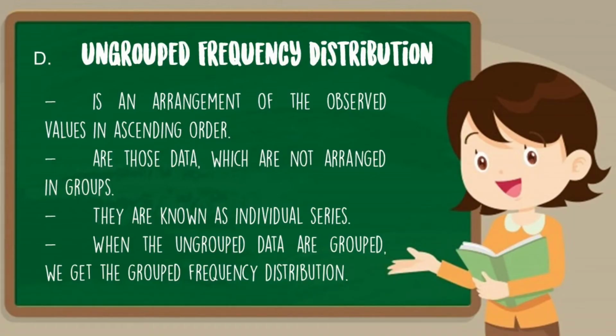While the ungroup frequency distribution is an arrangement of the observed values in ascending order. These are data which are not arranged in groups, and they are also known as the individual series. When the ungrouped data are grouped, we get the group frequency distribution.